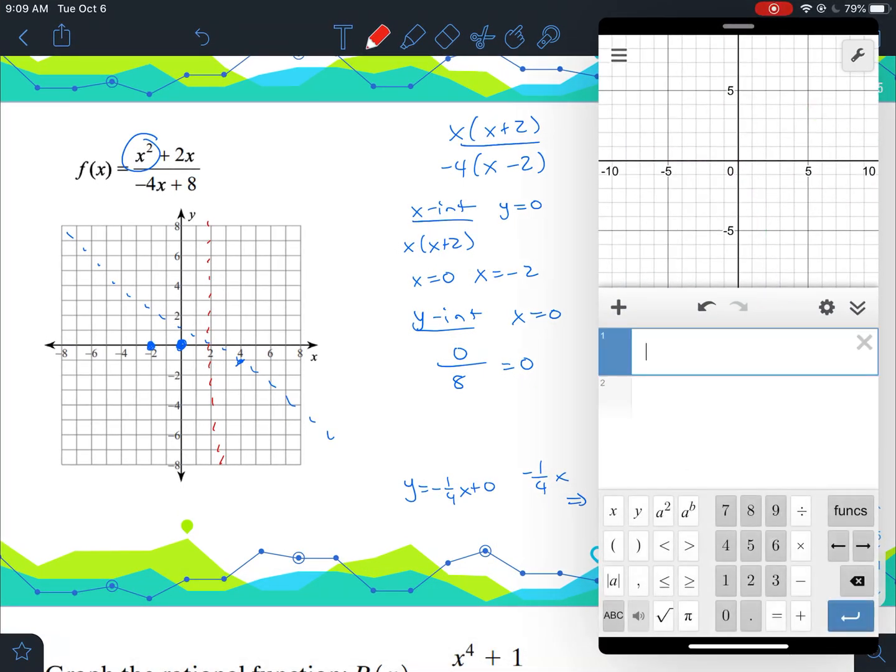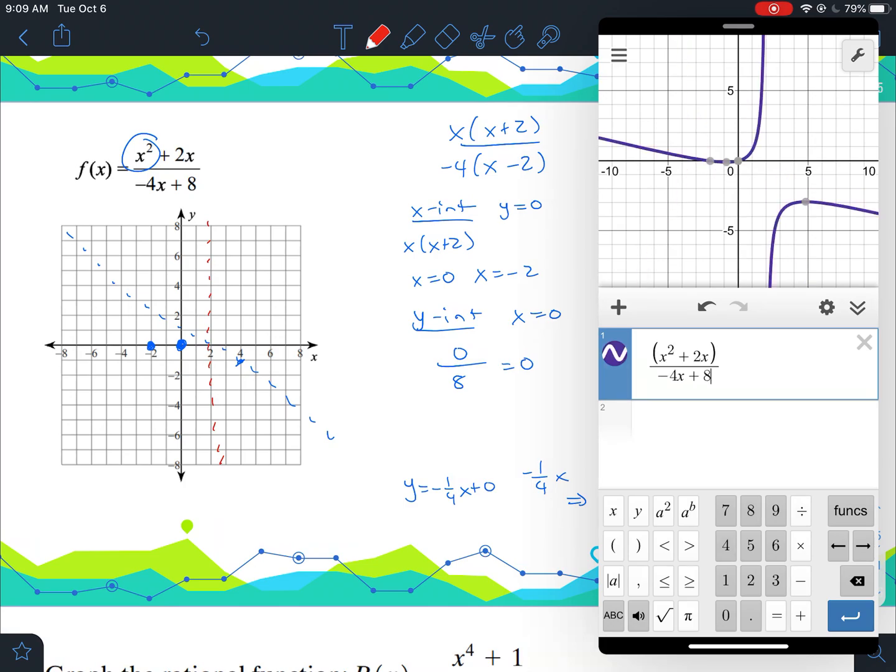So let's go ahead and see what our graph looks like on Desmos. I feel like something went silly somewhere. So we are going to do x squared plus 2x divided by negative 4x plus 8. And then we have, nope, my slant asymptote's wrong. Our vertical asymptote's right, and those guys look to be okay.